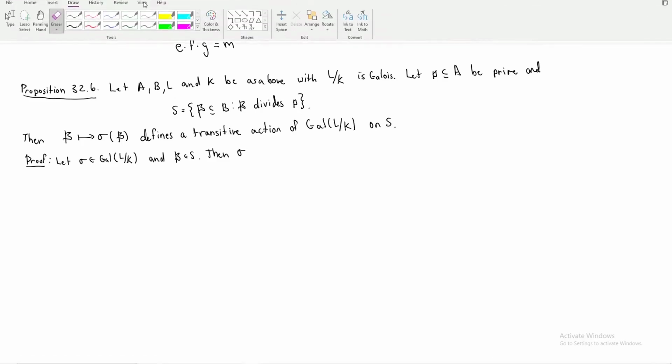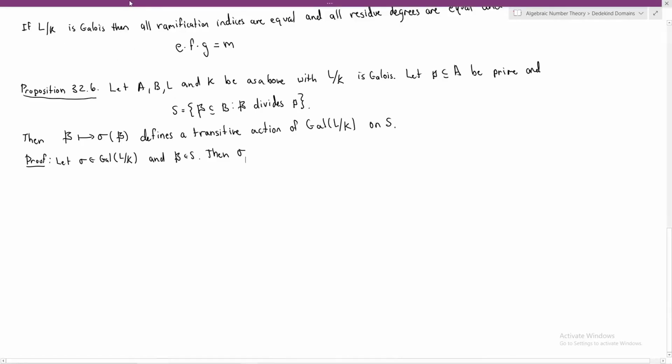So really, the main application of this is going to be in the setting where A and B are the rings of integers in number fields L and K, right?